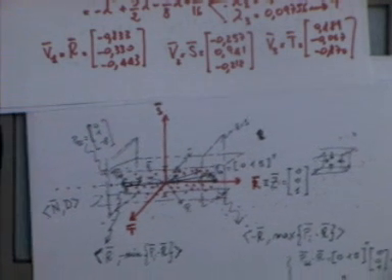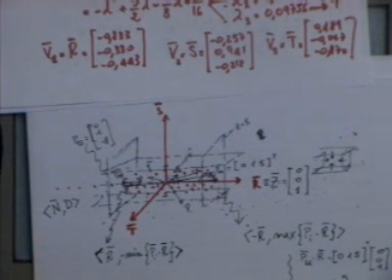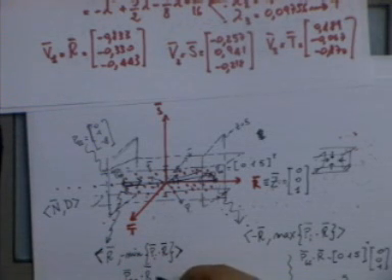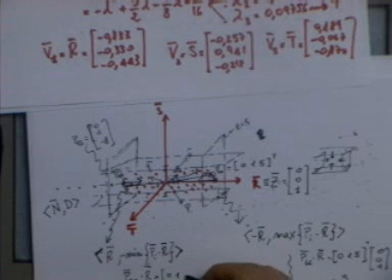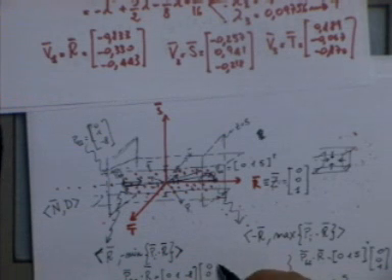Then we play the same game. P92 scalar R is 0, 1, minus 8 scalar 0, 0, 1.